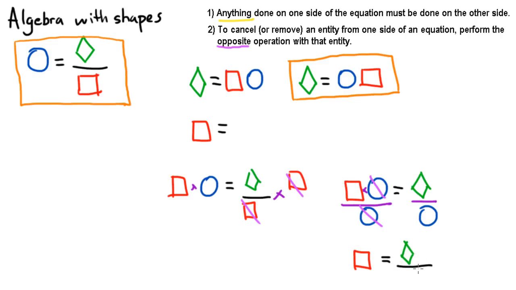And that equation's done. Hooray. Okay. So now we can write it in up here. Green diamond divided by blue circle. And that is our third equation, the second one we derived.